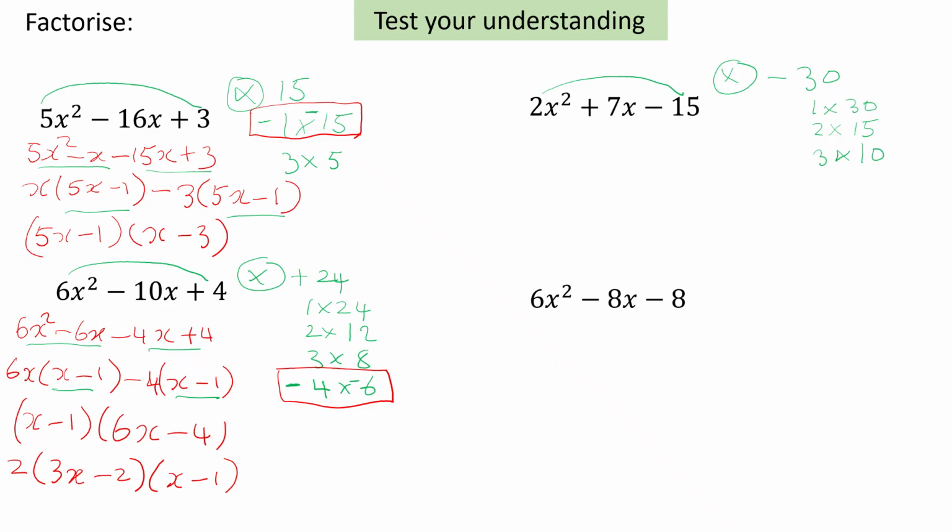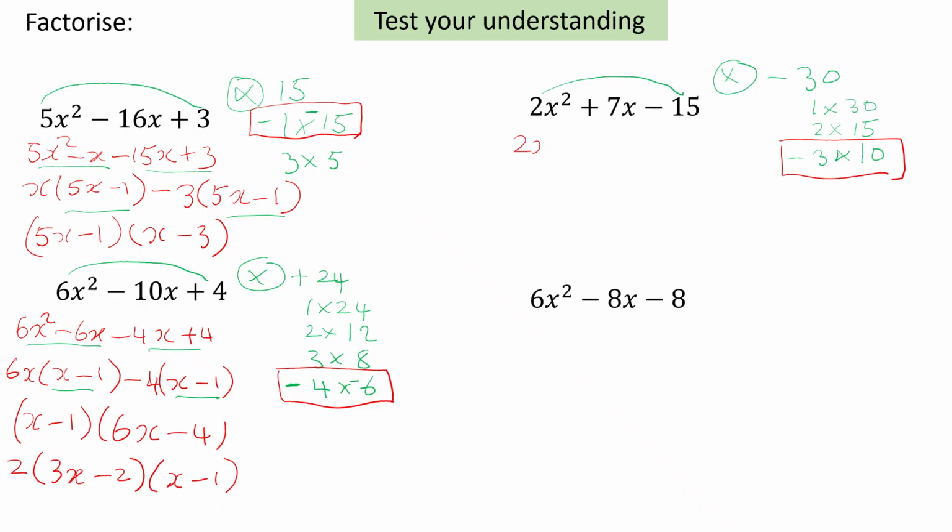If you multiply to get negative 30 and add the two factors to get positive 7: negative 3 times positive 10 is negative 30, and negative 3 plus 10 is positive 7. So the suitable factors are negative 3 and 10.